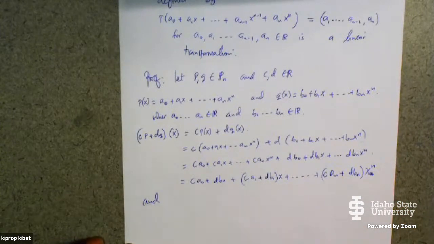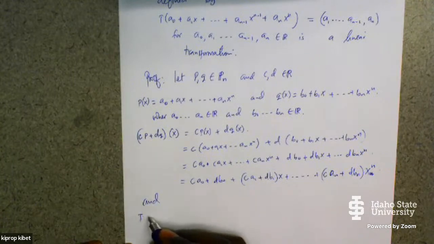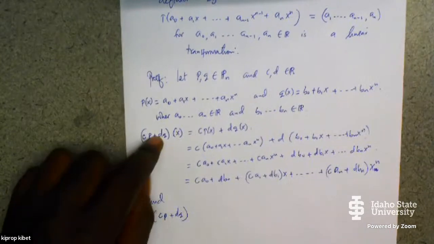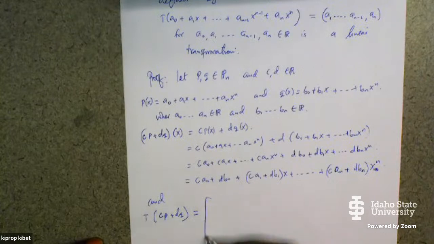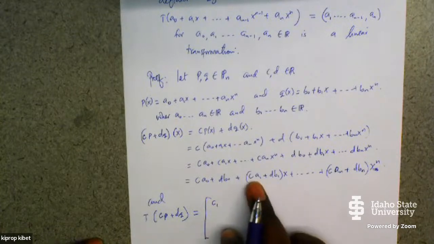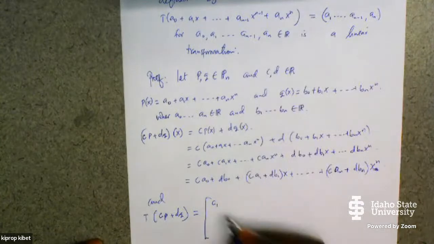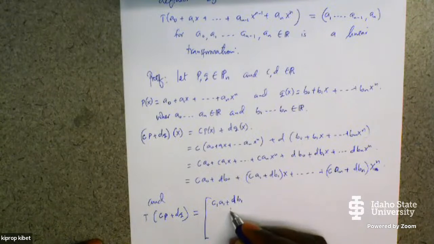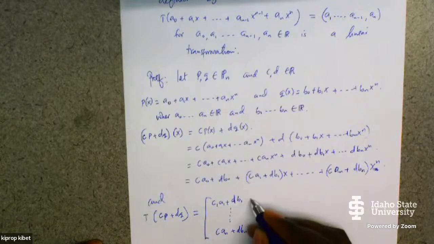And the transformation now, if we apply T to cP plus dQ, then what we get is c a1 plus d b1, and if you continue like that until c a n plus d b n.